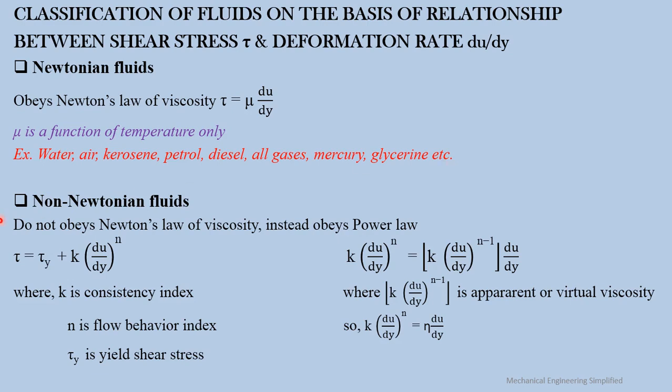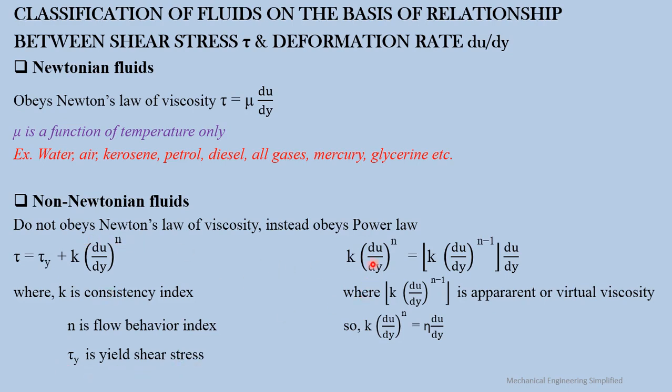Non-Newtonian fluids, what are those? They do not obey Newton's law of viscosity. Instead, they obey the power law: tau is equal to tau y plus k into du by dy to the power n. K is the consistency index, n is the flow behavior index, and tau y is the yield shear stress.